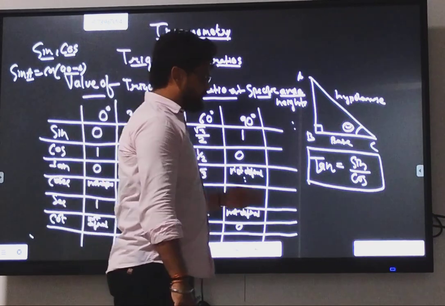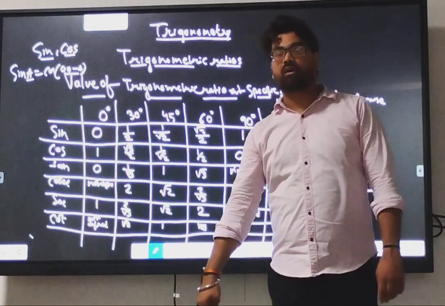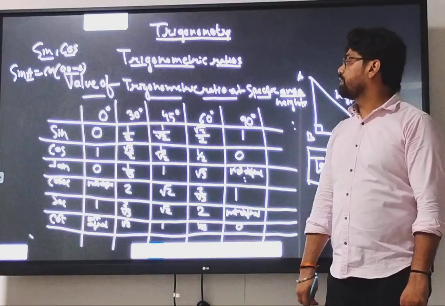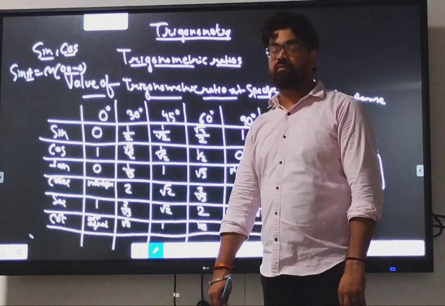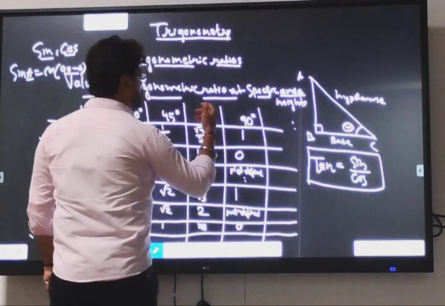Now we will be utilizing all these values in finding the length or the height of any object we want to find.